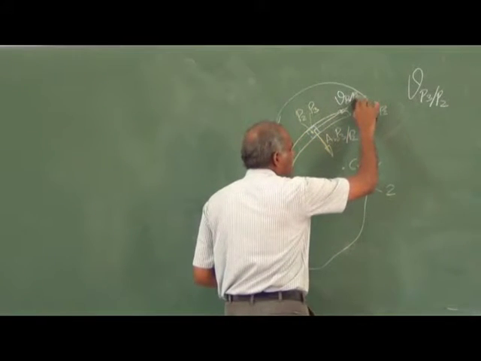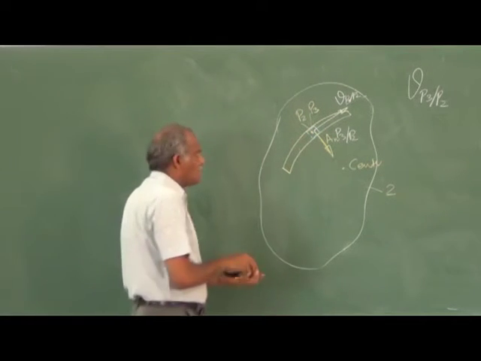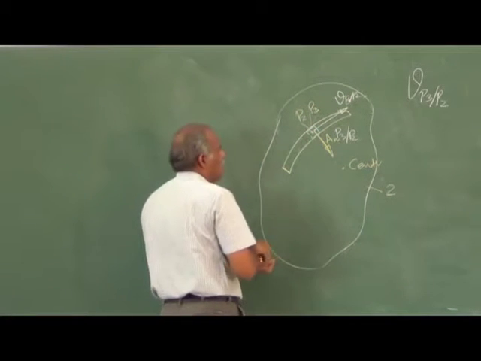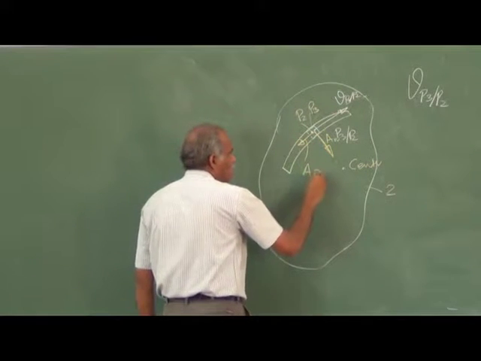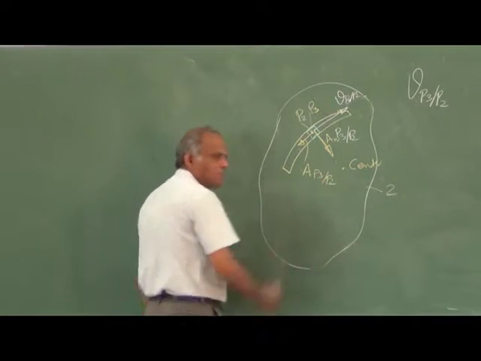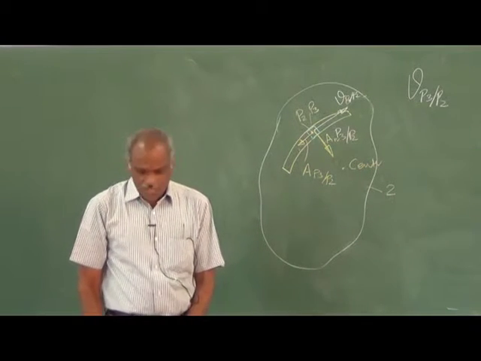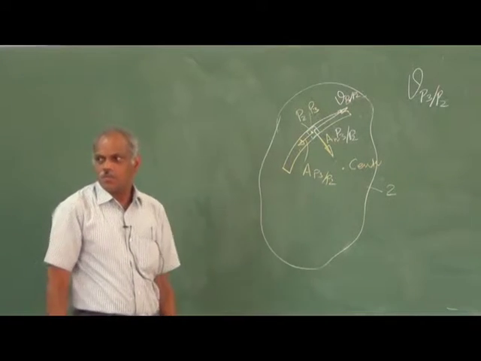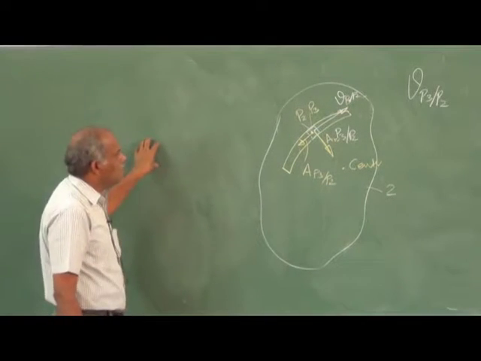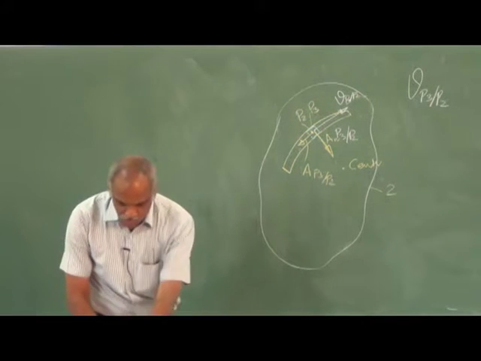This acceleration can be negative, in the sense that it can be in the opposite direction of the velocity. This can be the acceleration of P3 with respect to P2. That means its velocity is decreasing. Okay? It can be either way. The direction can be reversed also. No problem.